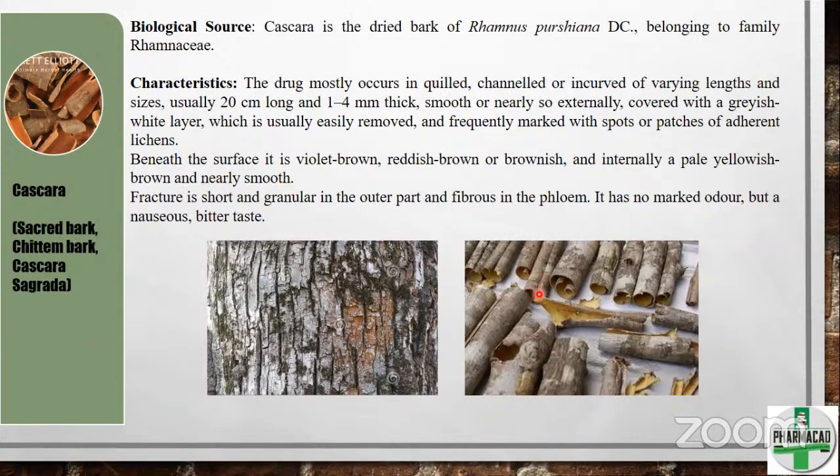Beneath the surface, it is violet brown, reddish brown or brownish, and internally it is pale yellowish brown and nearly smooth. Now fracture is short and granular in the outer part and fibrous in the phloem. It has no marked odor but a nauseous, bitter taste.